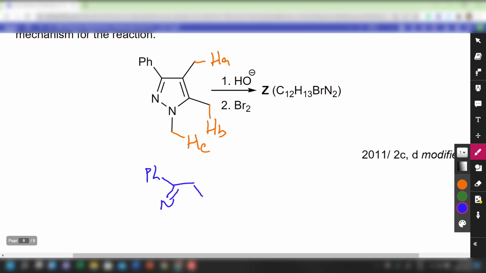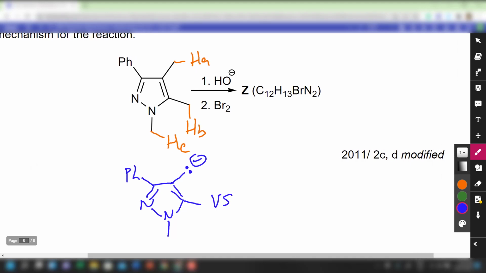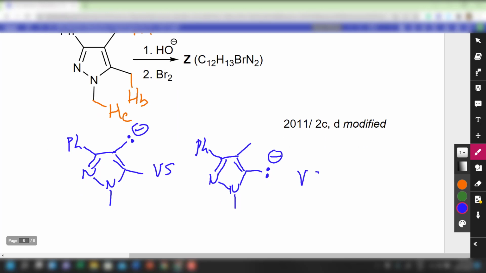I'm just going to draw the first one out like this, and this is the carbanion with negative charge. Then versus the other one, with a double bond N, double bond, and then N here, with a lone pair of electrons, and then versus the other one, which is this.